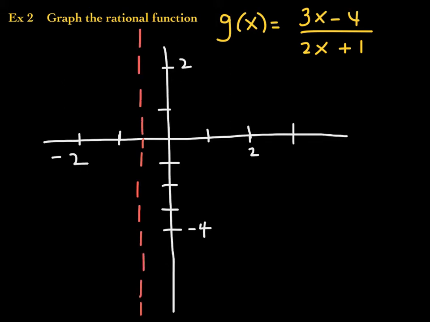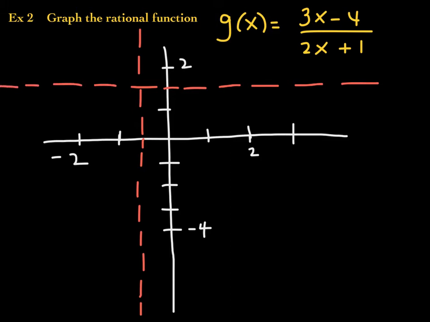This right here splits your graph into two pieces, one to the left of the vertical asymptote, the second piece over here to the right of the vertical asymptote. Remember, there's only two pieces. Then the horizontal asymptote is y equal to 3/2, which is y equal to 1.5. The graph will get infinitely close to each of these lines.